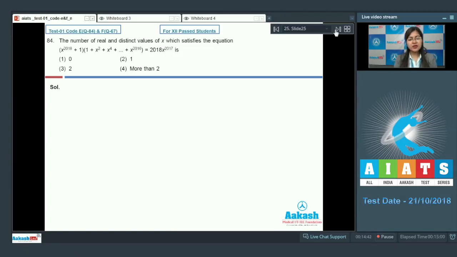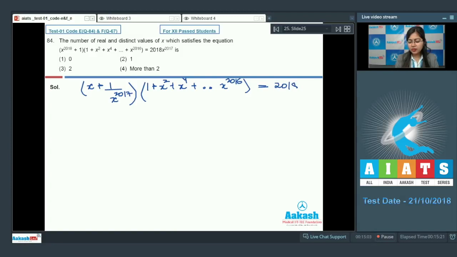Now dividing both sides by x raised to the power 2017, we will get x plus 1 upon x into 1 plus x square plus x4 plus up till x raised to the power 2016 is equal to 2018.